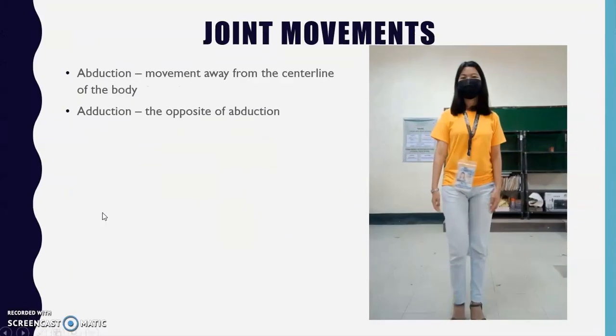Okay. For the next joint movements, we have abduction and adduction. Abduction is the movement away from the center line of the body. Kapag nakatayo tayo, ito yung center line natin dito sa thoracic part. So, ano bang ibig sabihin ng abduction?